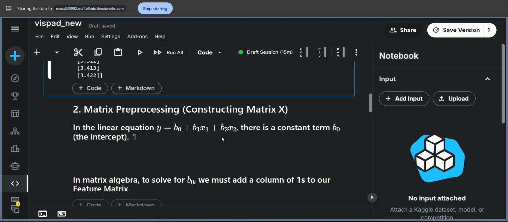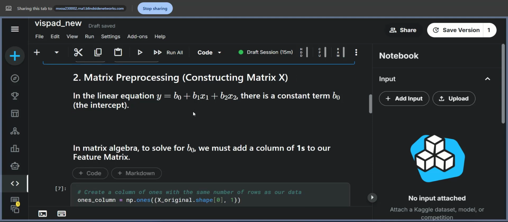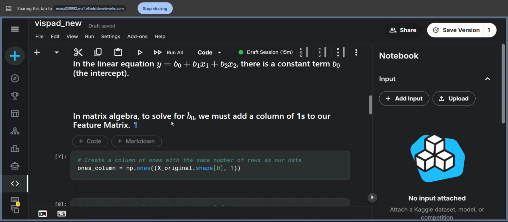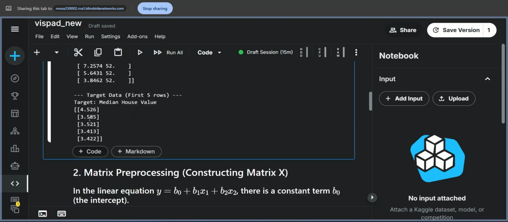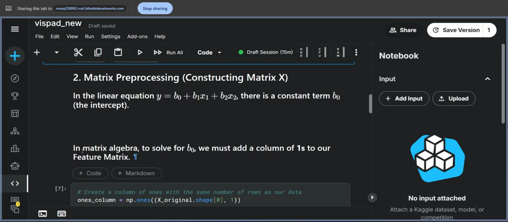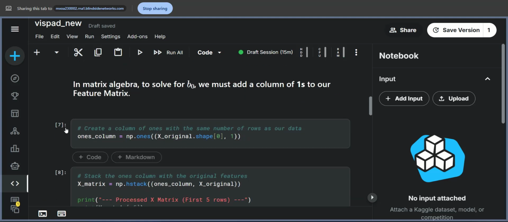It will start to make sense as we go deeper into it. So if we want to get the value of b, we have to add a column of 1s to our feature matrix. This is the feature matrix that we have, right? That's why we are going to add 1 to it. So we create a ones column, then we add it to the x original.